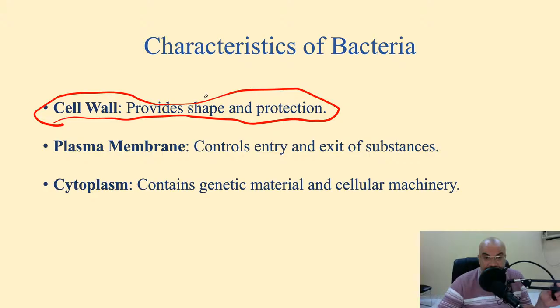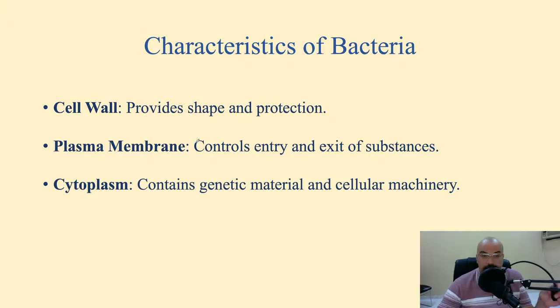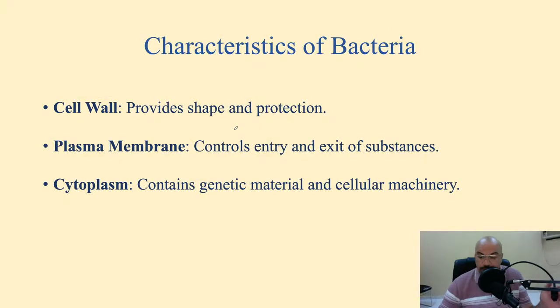The shape of the bacteria is very important for us because it helps us define and differentiate these kinds of bacteria, because a lot of types of bacteria are defined by shape. So the shape plays an important role while we are dealing with bacteria, as we will see now. And there is the plasma membrane, which controls the entry and exit of substances.